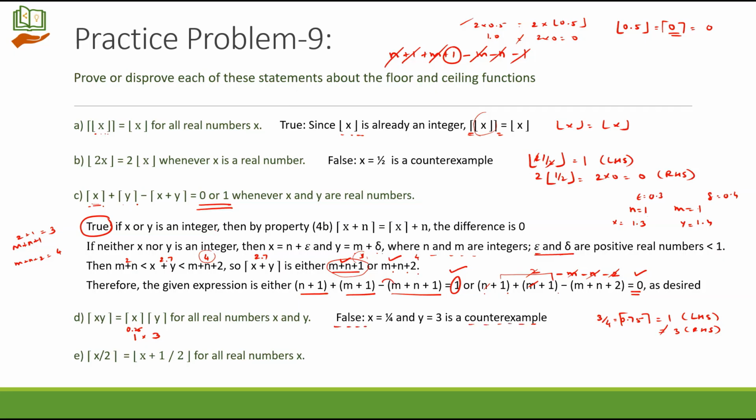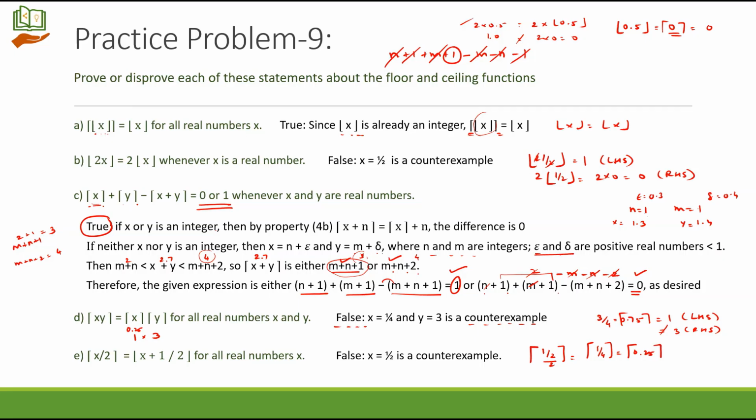Now the final one. Ceiling of x divided by 2 is equal to floor of x plus 1 by 2 for all real numbers x. The LHS is having the ceiling function and the RHS is having the floor function. This is false, and they have given x is equal to 1 by 2 as a counter example. Let's check. Ceiling of 1 by 2 by 2 will give 1 by 4. What is 1 by 4? It is 0.25.